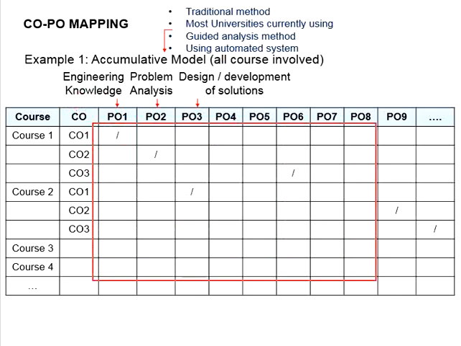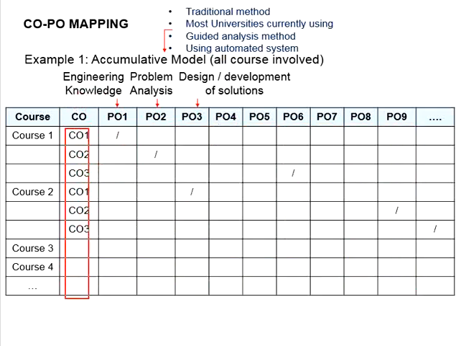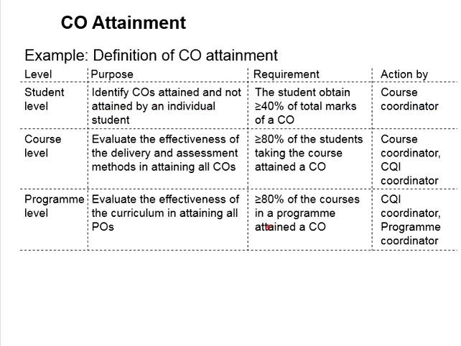Based on the mapping here, you will know how many COs are attached to each PO. Based on the number of COs attached to the respective POs, we will require at least 80% of the course outcomes attached to that particular PO to be attained in order to consider that the students have attained the respective PO.